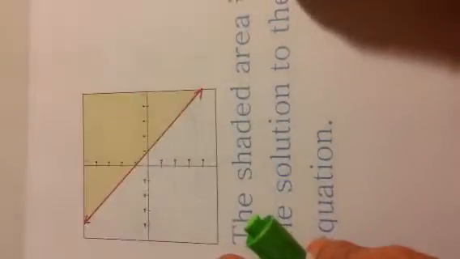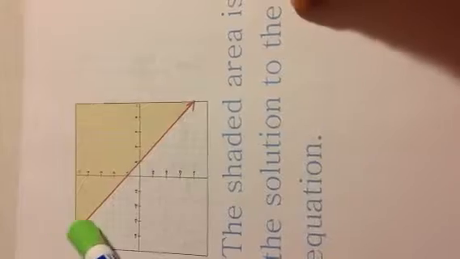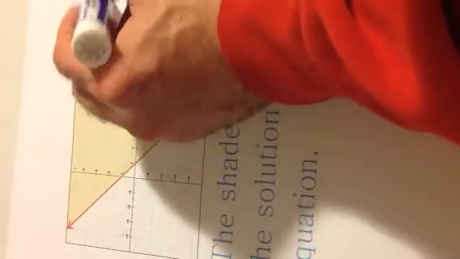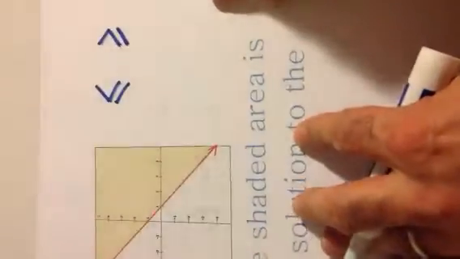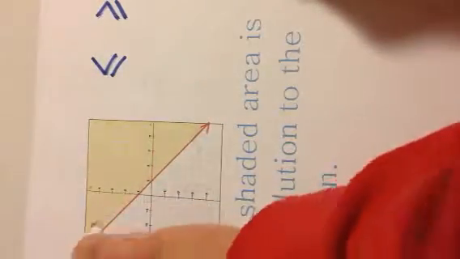So let's look at an inequality on a graph. The shaded area is the solution. This is the solution right here. Now you could either see a dotted line or a solid line. When you see a solid line, you're going to see one of these inequality signs. This means that y could be included on the line.